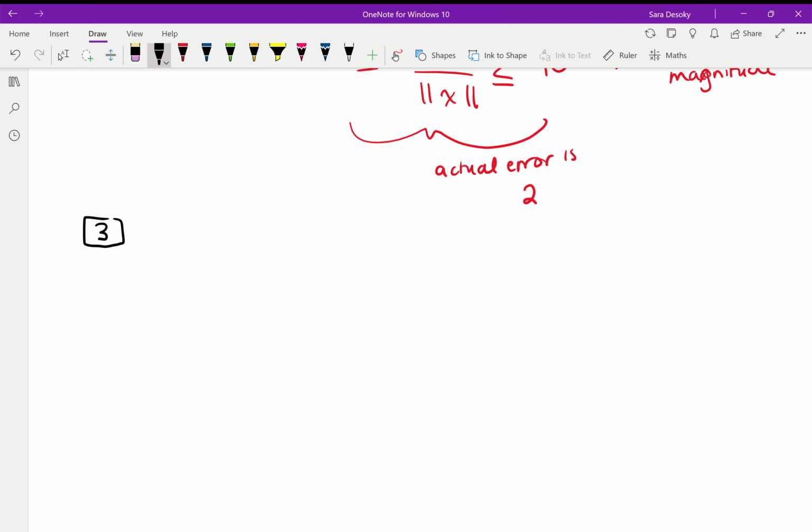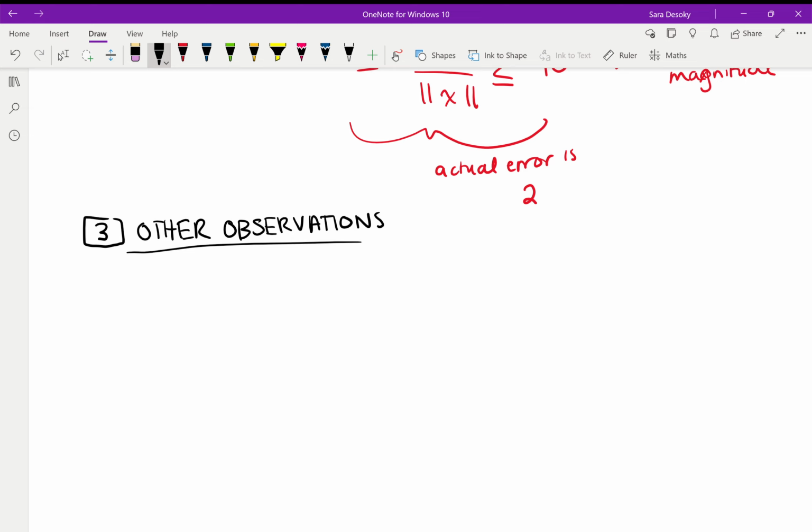There's a result stated in the box which is not easy to prove. It's not even proved in the purple book. It's quite difficult. I've never seen a proof of it. It's kind of a tricky one to state, but it's a very useful rule of thumb. When you're solving Ax equals b, the condition number will tell you approximately how many significant digits you lose in floating point arithmetic.